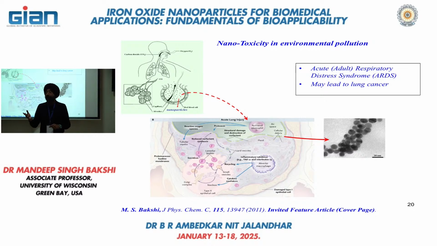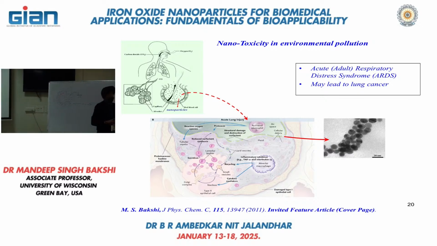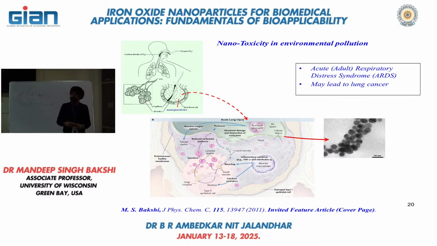Apart from that, there are dust particles and all those things. You may not see them. You see the haze. Most of the time the haze you are seeing is created by the pollutant. It's not a natural process.